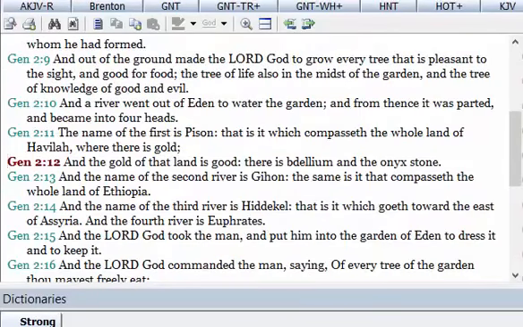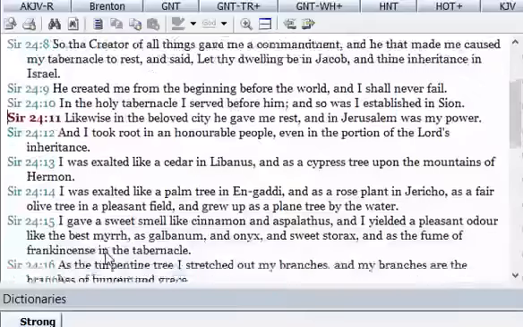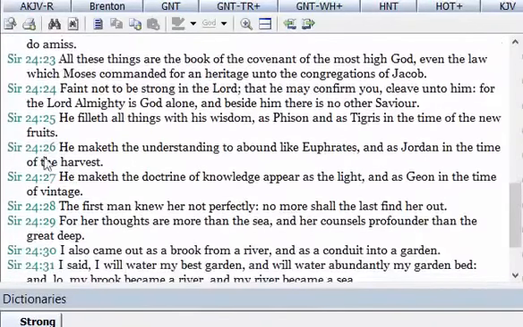when you go to the book in the Apocrypha, to the book of Sirach, the 24th chapter, and just give me 1 second so I can find a verse. I believe it's the 25th verse. It says, I'll start at 24. Faint not to be strong in the Lord, that he may confirm you.